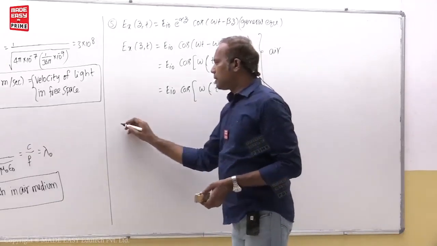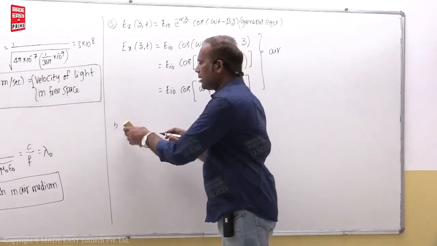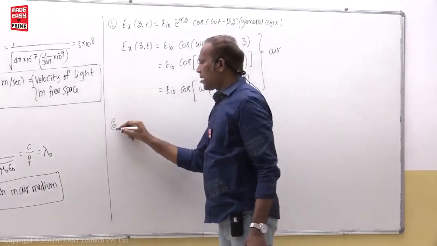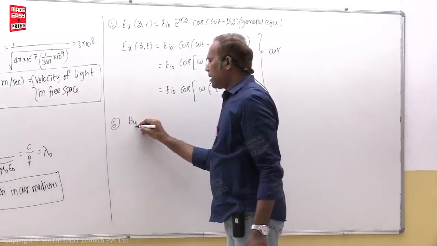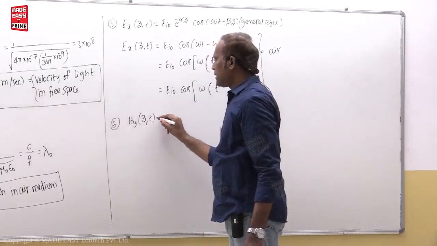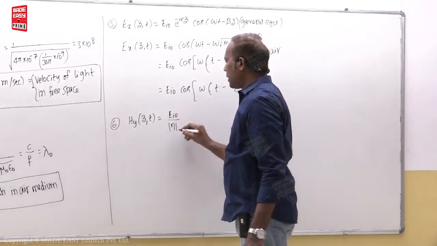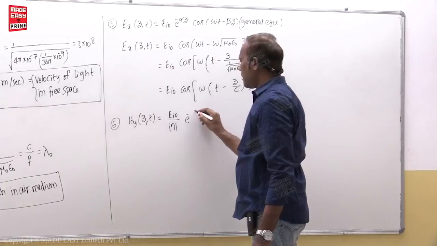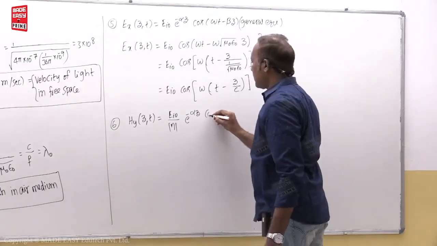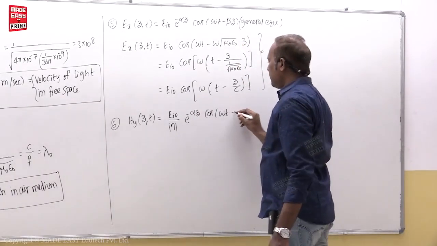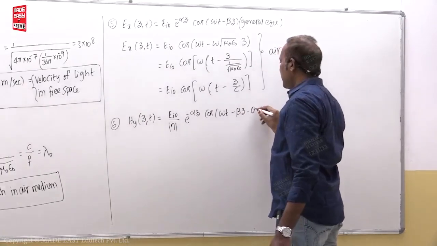Similar to this, you can write the magnetic field equation. Magnetic field y component for a wave traveling in z direction is Ei0 divided by modulus of eta, e power minus alpha z, cos of omega t minus beta z minus theta eta.